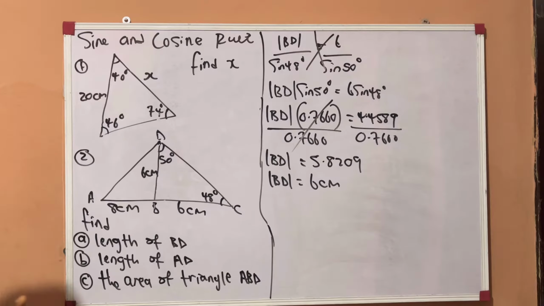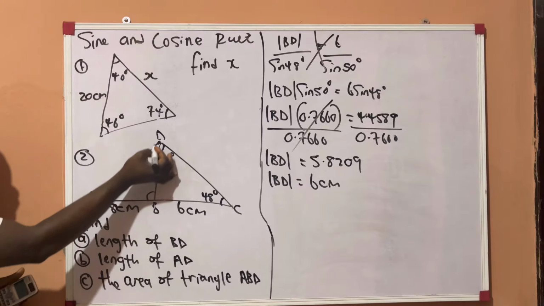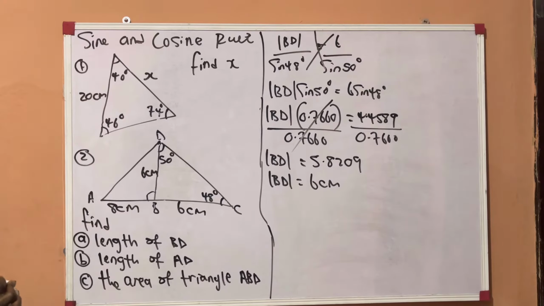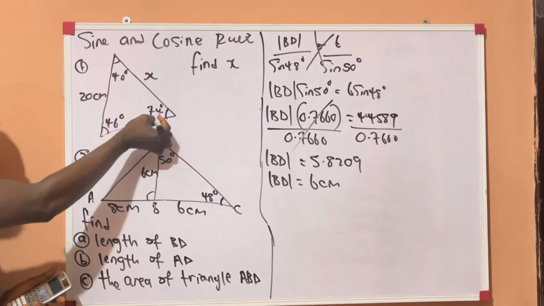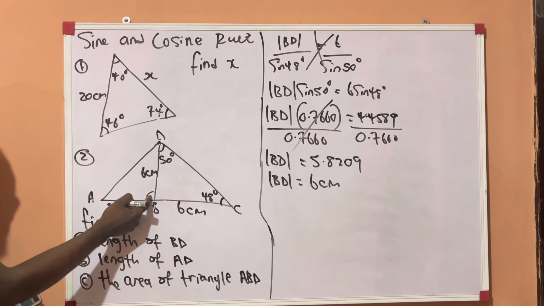For us to be able to get this other line, we are going to apply cosine rule. But we can only apply cosine rule when we know this angle here, the angle between BD and AB. That is the only way you can apply cosine rule. So how can I get this angle here?